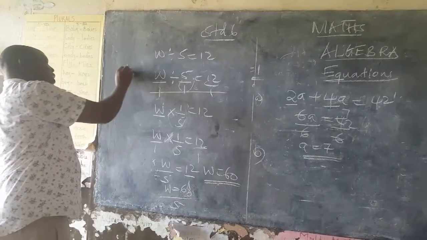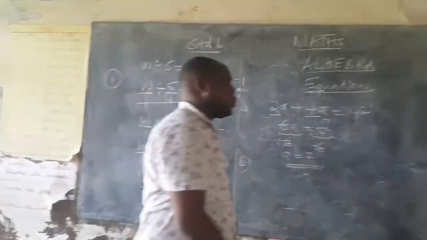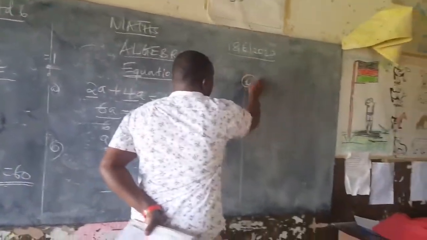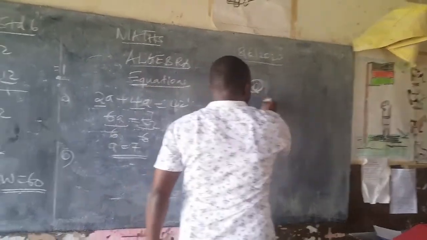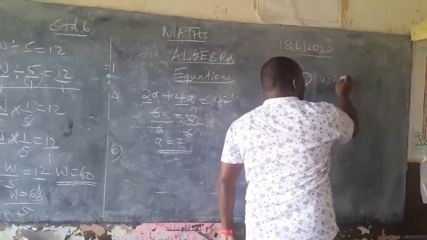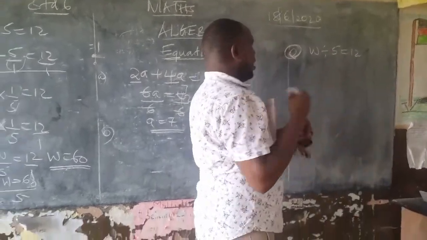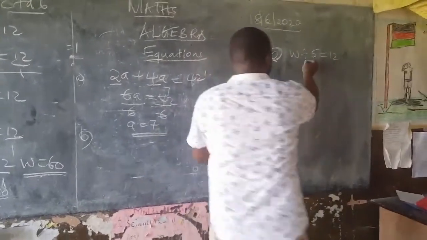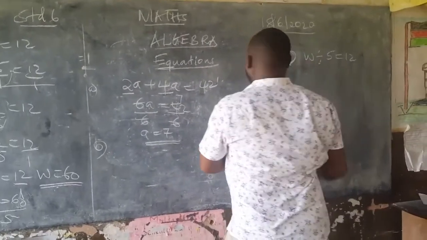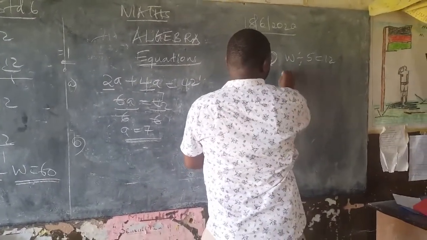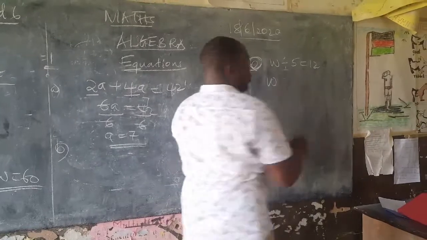Now this is method number 1. Let's look at method number 2. Now in our method number 2, we are going to say W divided by 5 is equal to 12. From there, another way you can write this division sign is by writing W and then this as over.